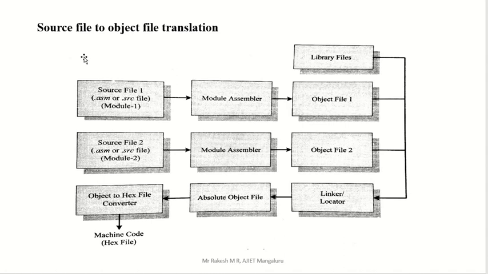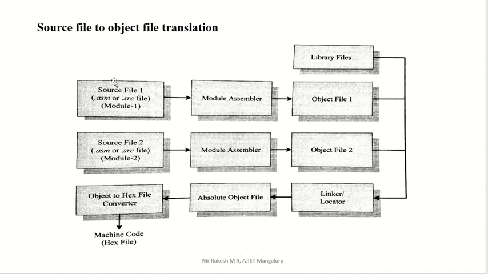Here the conversion is given using a block diagram. Here we write our code in any software. We use Keil software, or you can use some DOS software, DOSBox. There we write our assembly level or low level language with the extension .asm, and that is called your source file.